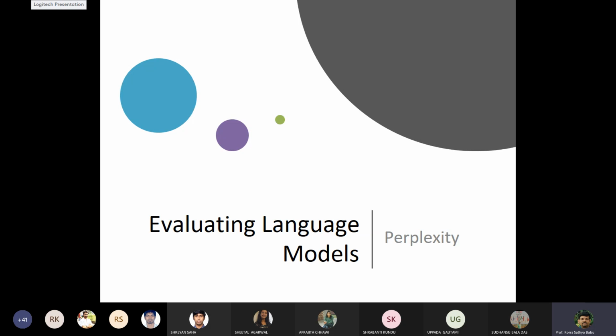We are also often interested in the probability that our model assigns to a full sentence w, which is made of some sequence of words w1 w2 w3 like that. So we are mostly interested in that sequence should give us high probability.